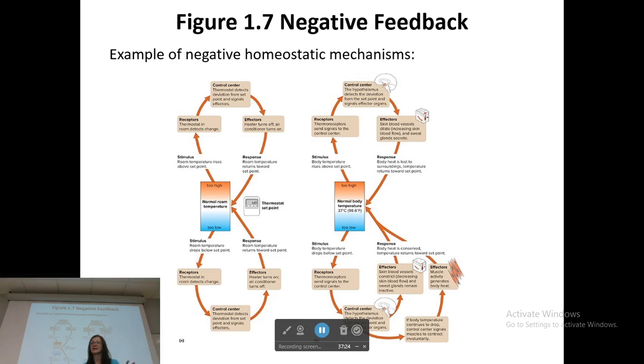Positive feedback mechanisms take the body away from set point. Okay, so it takes it further away. An example of that with positive feedback, why would you need to go away from set point? One example is childbirth. Okay, so delivering the baby takes the body away from the set point during the labor contractions.